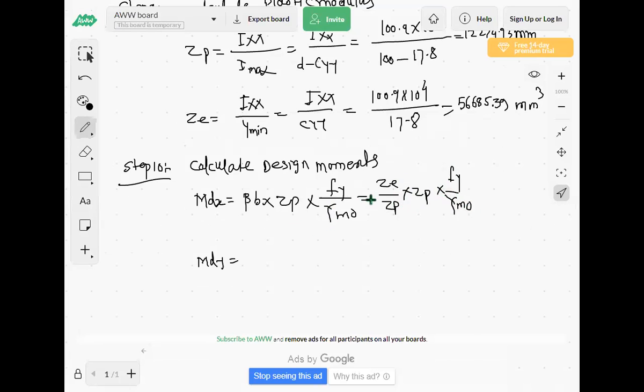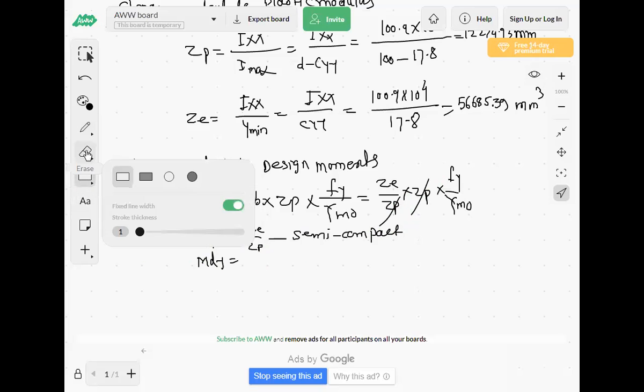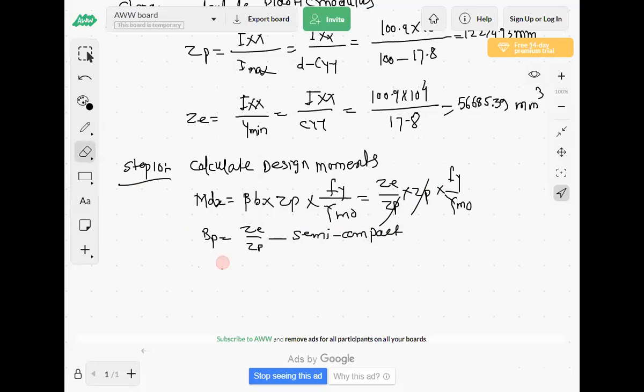So beta b is equal to ZP upon ZE. Sorry, ZE upon ZP for semi-compact section. So here ZP will get cancelled. So now calculate ZE.